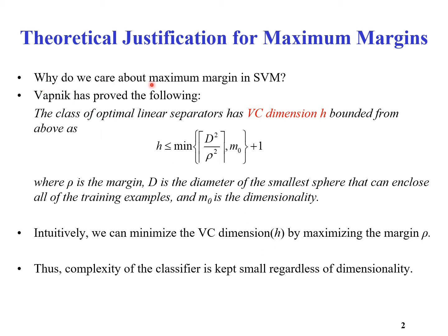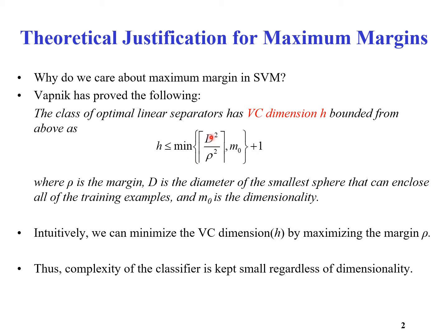So why do we care about maximizing margin in SVM? Vapnik, who is kind of the inventor of the SVM algorithm, has proved the following theorem here. In this theorem, H is what is called the VC dimension. So VC dimension H is less than or equal to the minimum of these 2, plus 1.